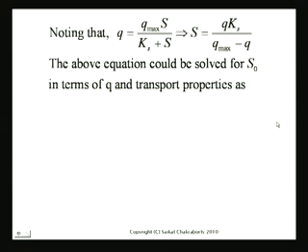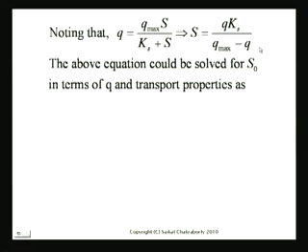So what we do here is express S as a function of q. Why do we do that? I'll come to that. It's written here. Once you do that, S becomes q times Ks over q max minus q.